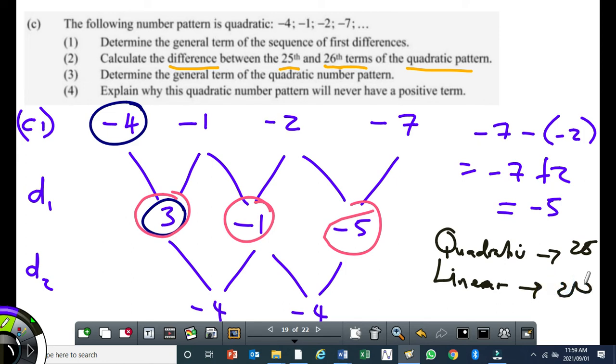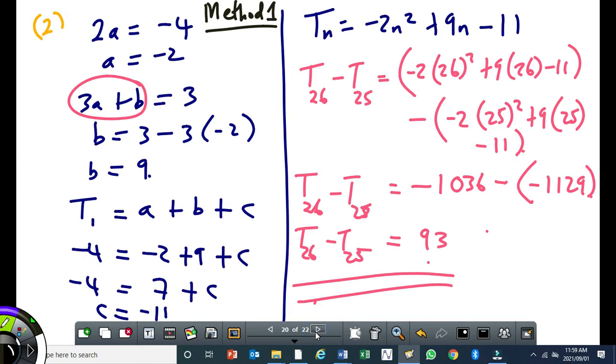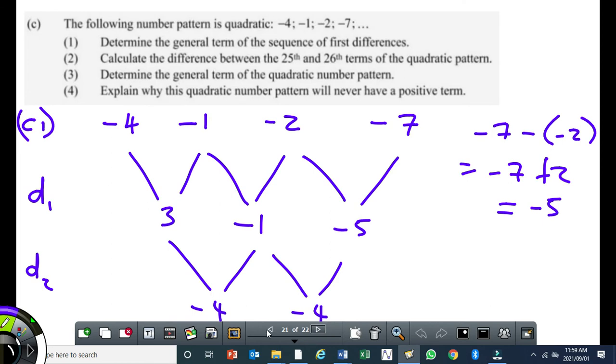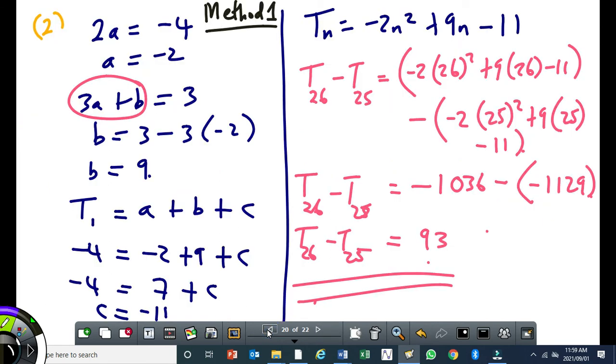To be 24. The number of terms in a linear pattern is always going to be one less than in the original quadratic pattern. All right? Are you following that? So, this is so interesting. Right? This is very interesting.